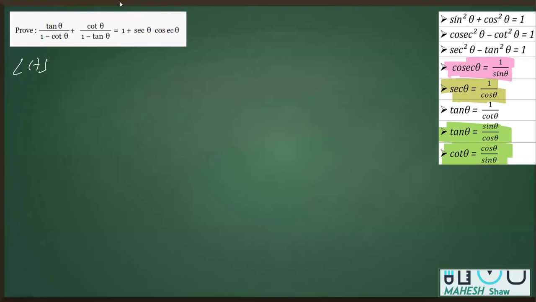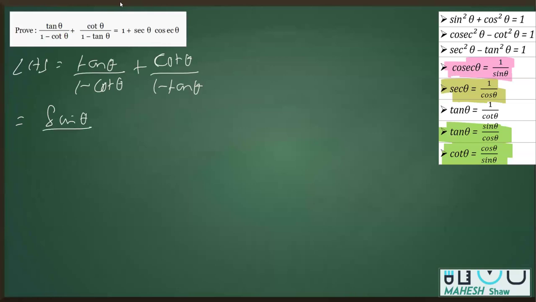If I write LHS, we have LHS as tan theta over 1 minus cot theta plus cot theta over 1 minus tan theta. And as I said, I'm going to write all in terms of sine and cos. So tan is sine theta over cos theta, divided by 1 minus cot.